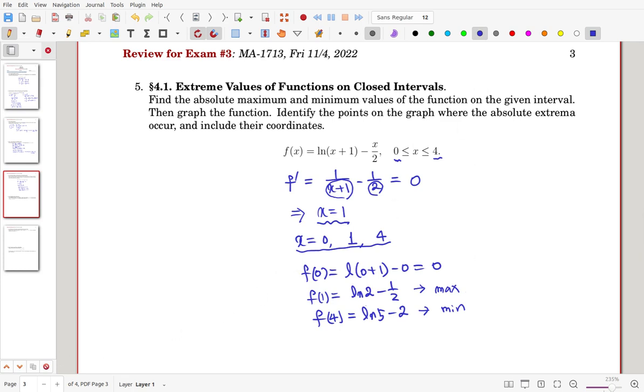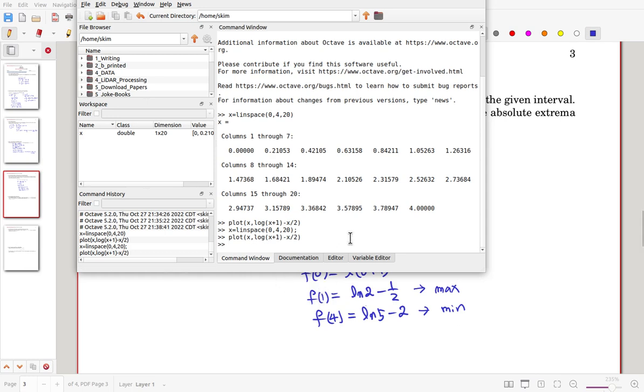Here I implemented it. We are making the linear space from 0 to 4 with 20 points, so x will save 20 uniformly distributed points between 0 and 4.